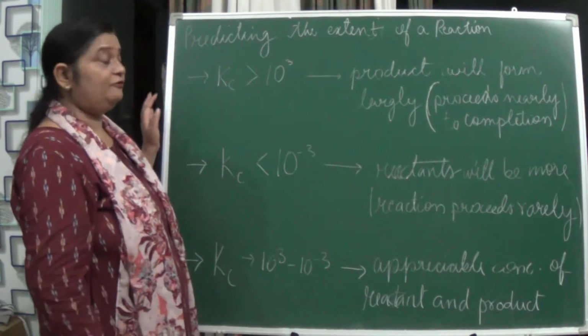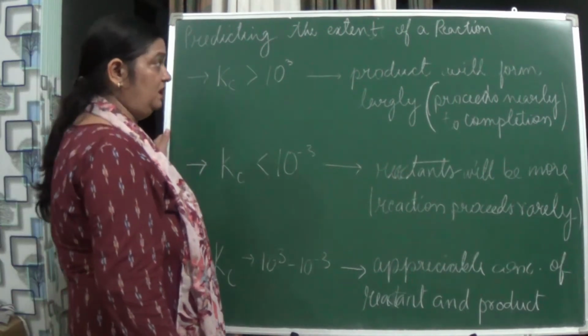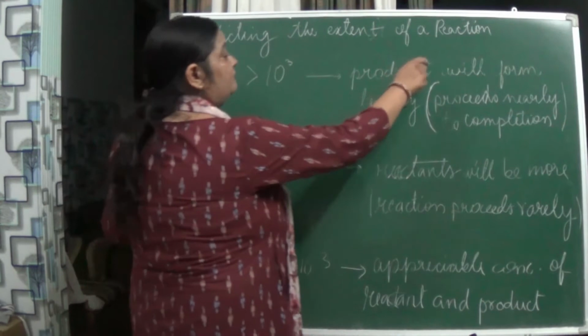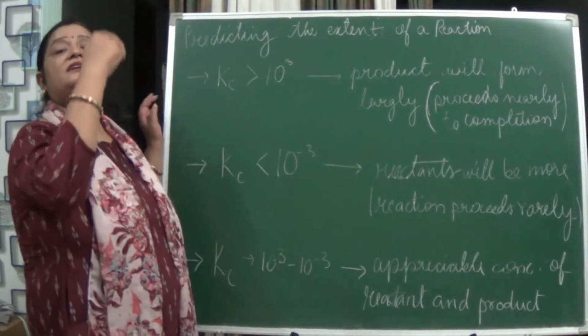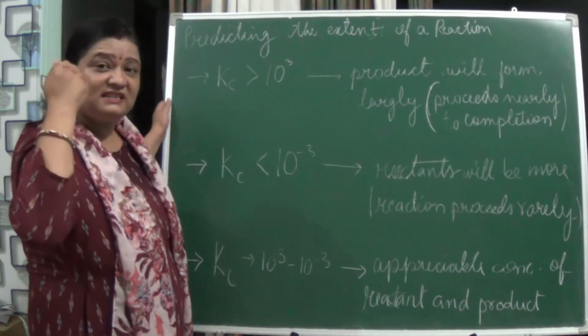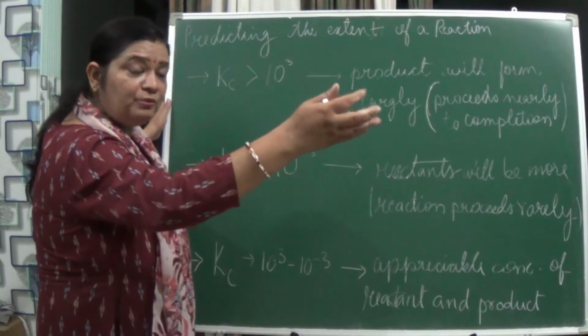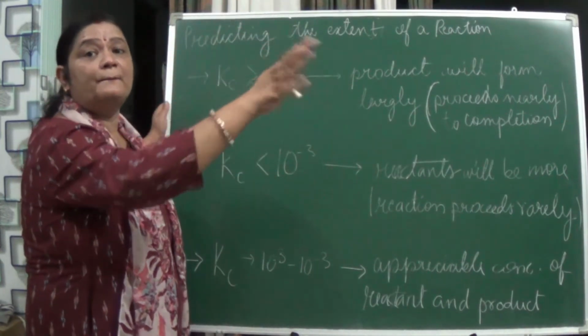If the value of Kc is greater than 10 to the power 3, it means the products will be formed in a larger amount. If the reactant is forming product in a larger amount, it means the reaction is going to be completed. It is on the level of its completion.